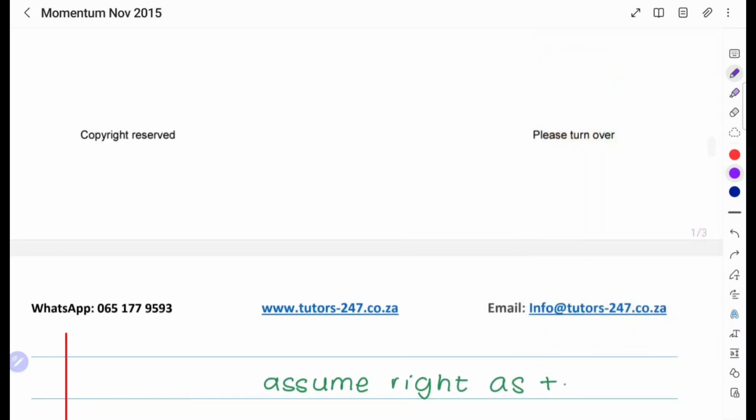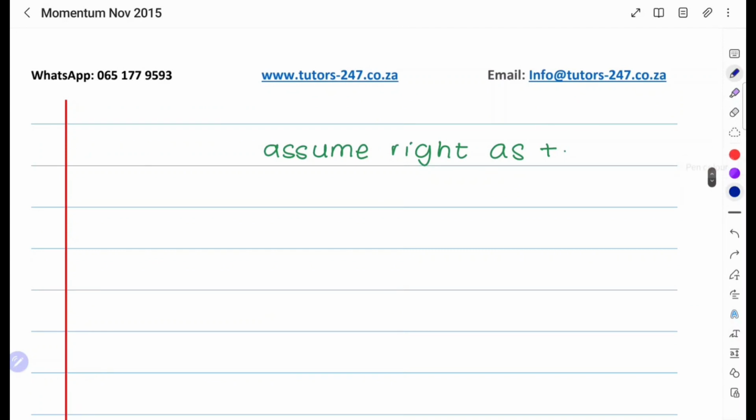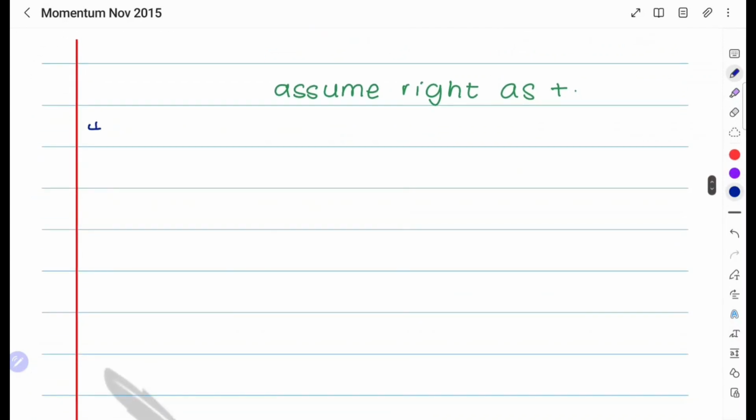Now, before we get started with our question, let's state a few important values. But first of all, take note that the bullet is A and the rifle is B. So the mass of A was 20 grams, and if we put that into our calculator, 20 divided by 1,000, that gives me 0.02.